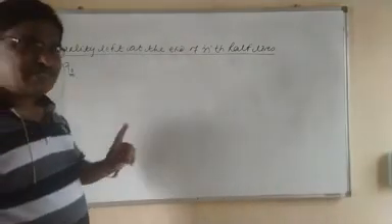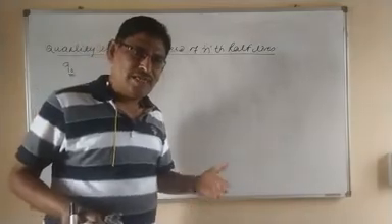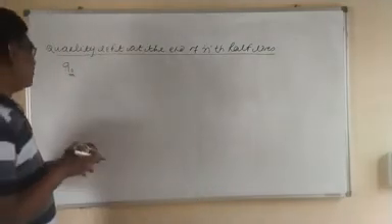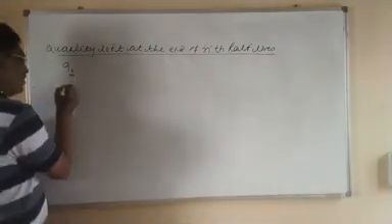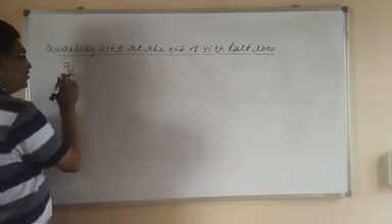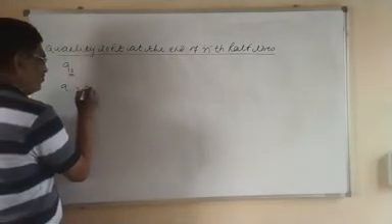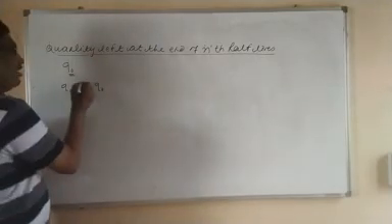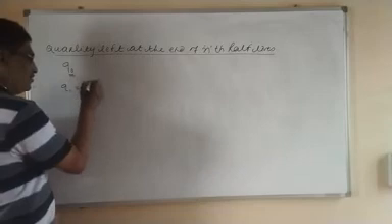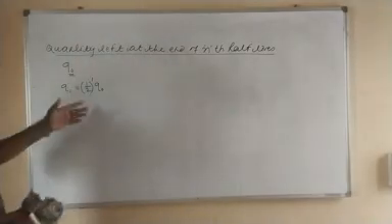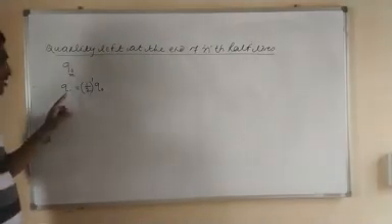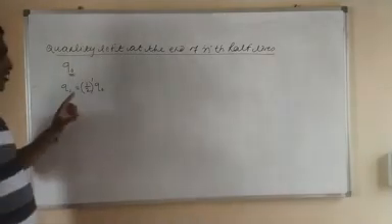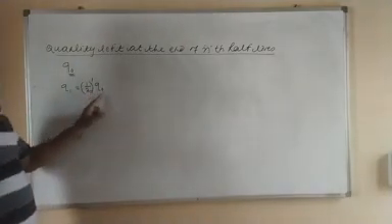At the end of the first half life period, the quantity left will be one half of this one, so it is Q1. Therefore, Q1 is equal to one half into Q0. That means at the end of the first half life period, the quantity left will be one half raised to 1 into Q0.